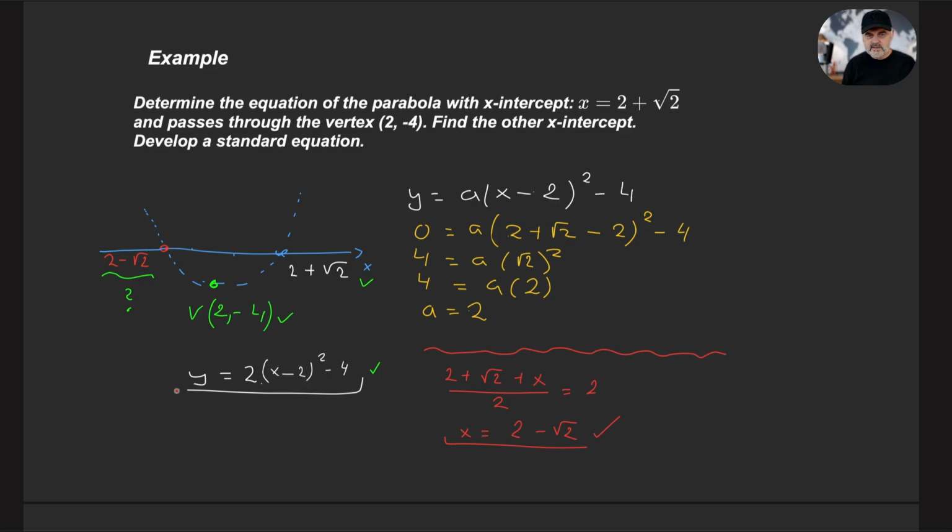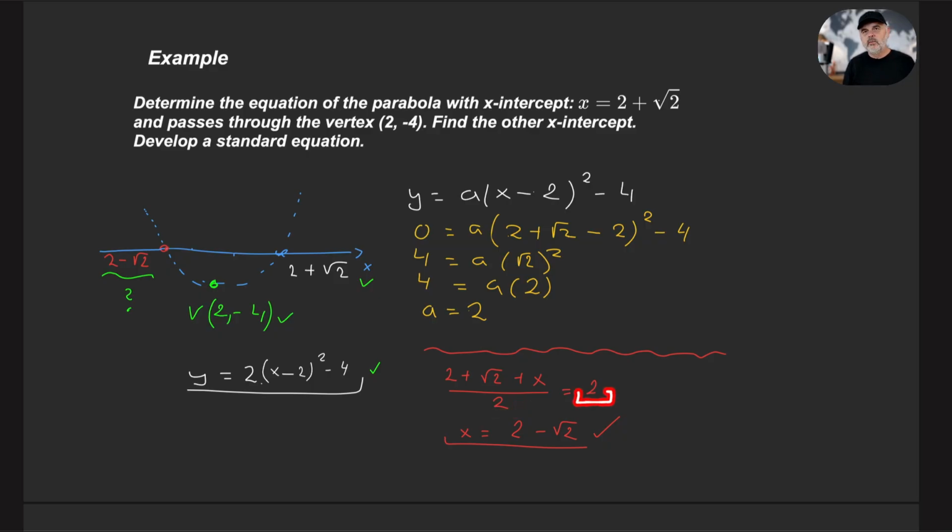So this is the quadratic formula in vertex form with the leading coefficient already solved for. To find the second root, if you remember the symmetry, we take the average of the first and the second. The first x-intercept plus the second, called x, divided by 2, is equal to the axis of symmetry, or the vertex location, which is 2.